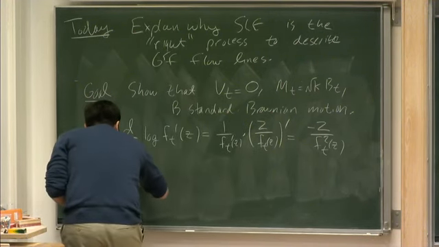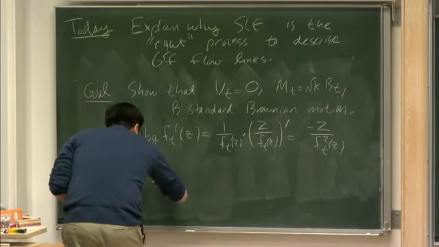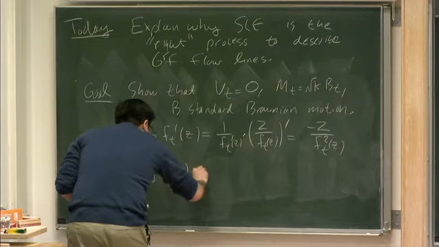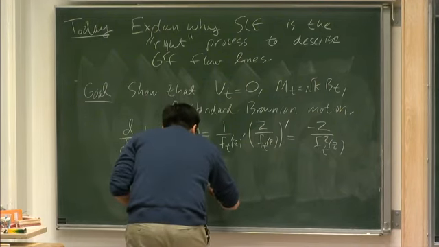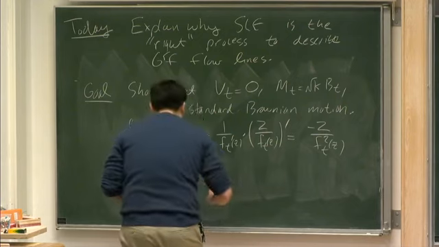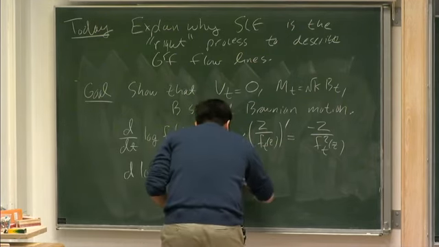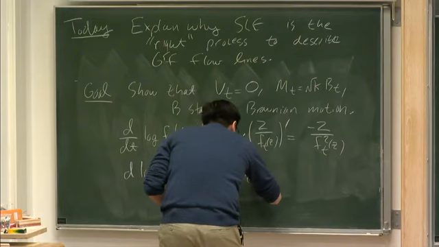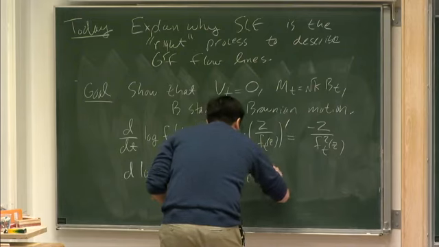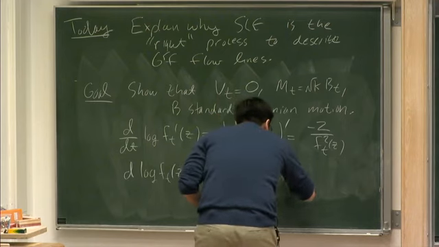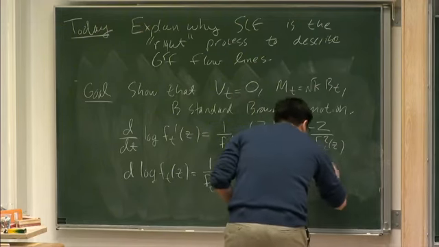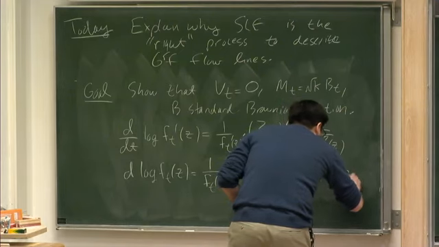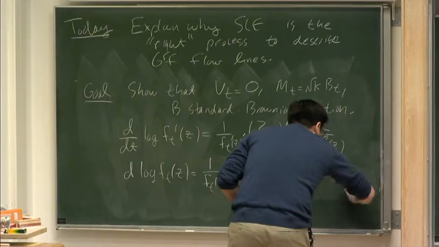The d log of ft of z is going to be equal to 1 over ft of z times dft of z, minus 1 over 2 ft squared of z times the quadratic variation of ft of z.